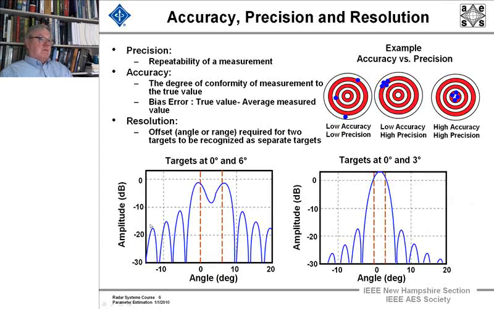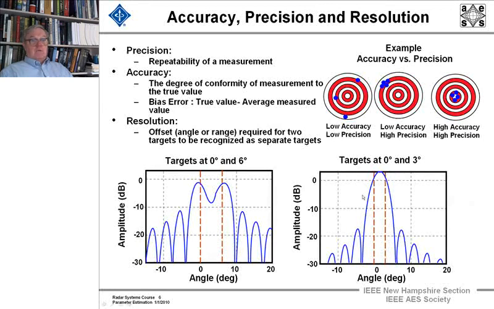And here we have two targets, one at 0 degrees and one at 6 degrees. And you can see that we can easily resolve the two targets. You can see that this one is heading up. These are side lobes. Goes down. It's resolved. And here we have targets at 0 and 3 degrees.